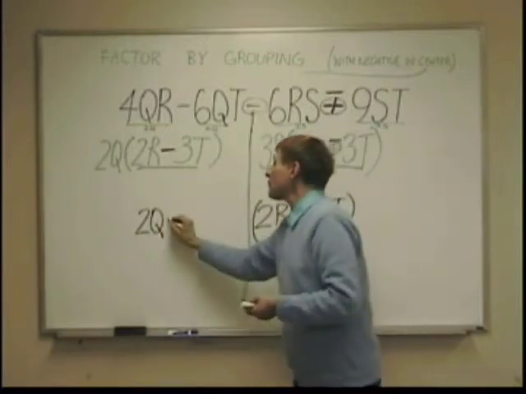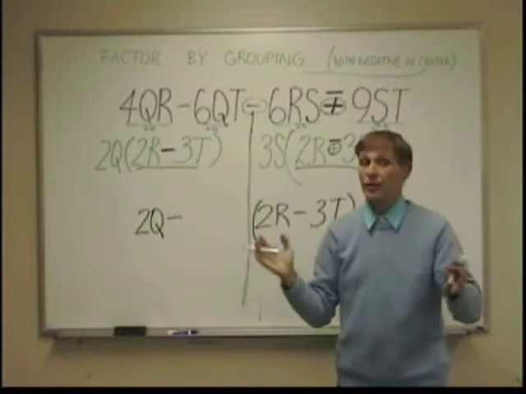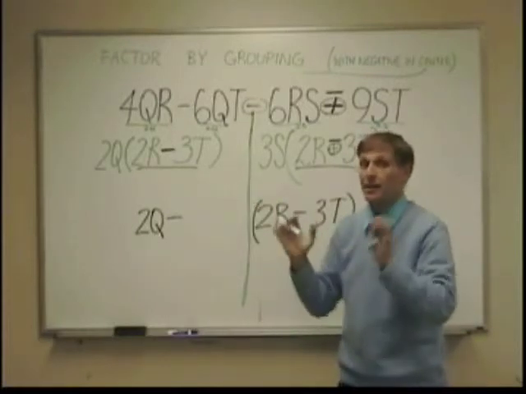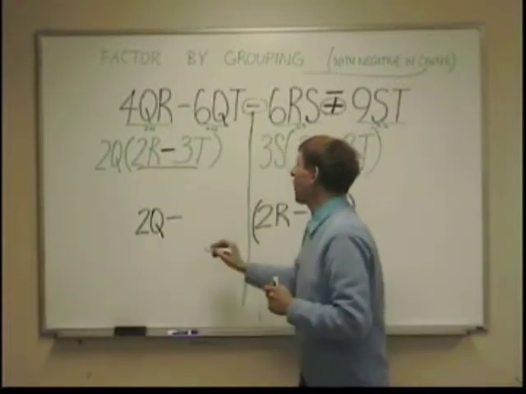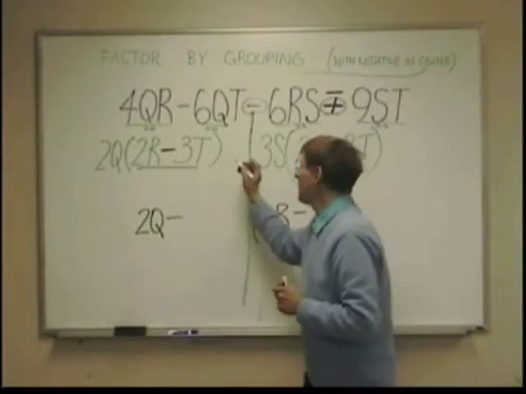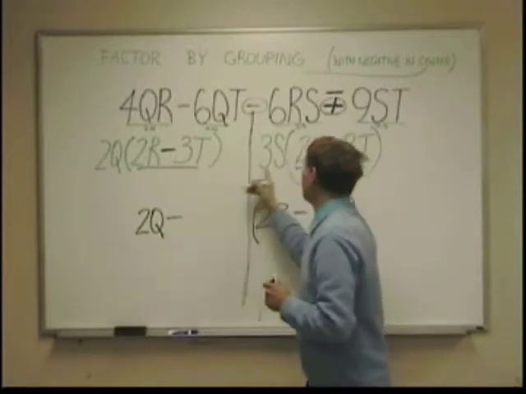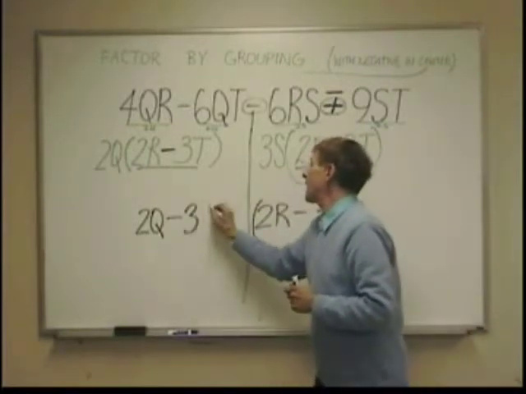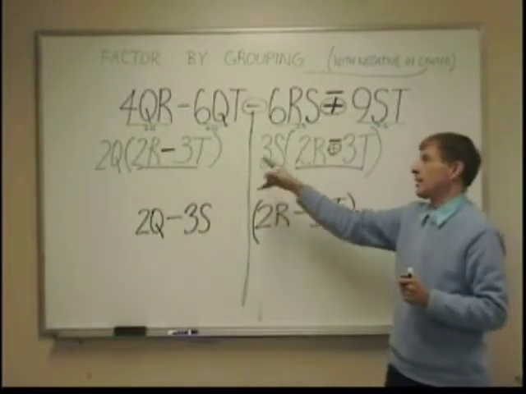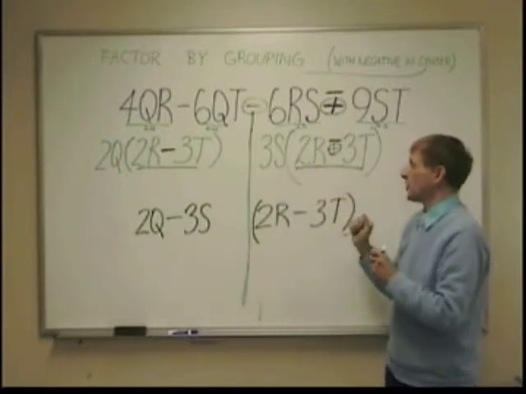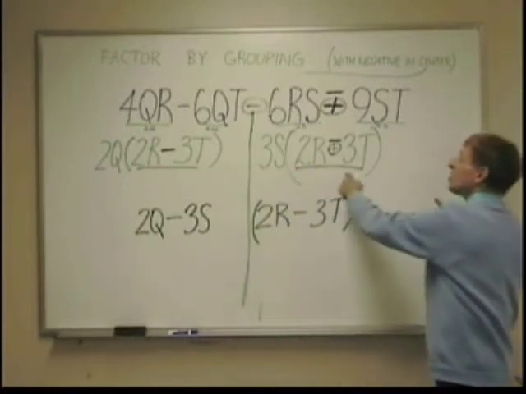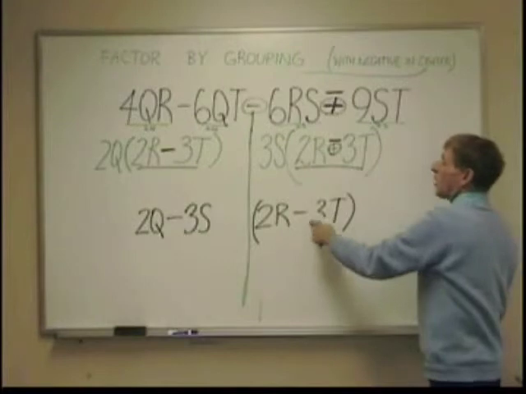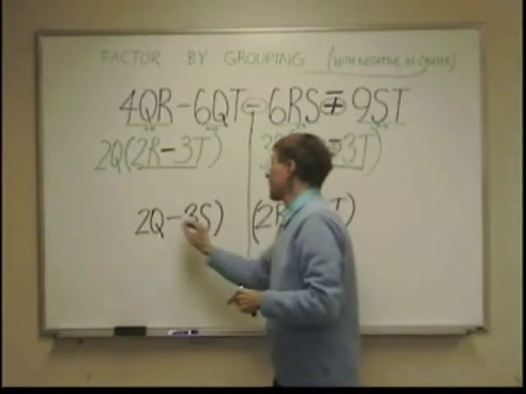I use the center sign as the middle sign to comprise the second parenthesis. And the center sign here is negative, so 2q minus the other outer number, 3s, which I get from here. It's comprised of the 2 outer numbers. I put the matching inner numbers in 1, and those are my 2 factors.